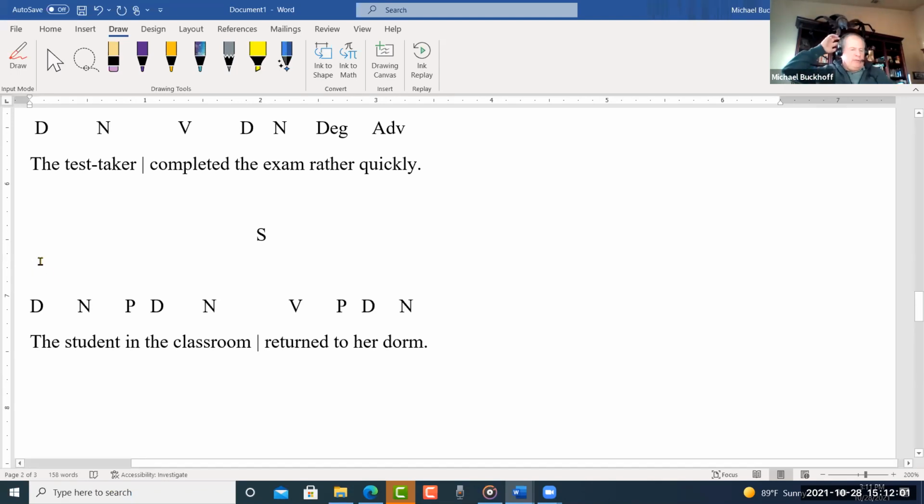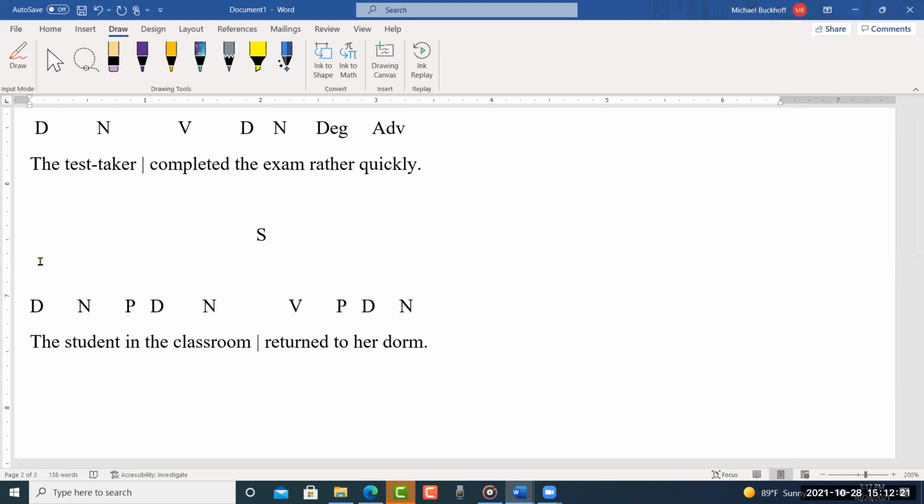Now, good gracious, what do we got here? We've got three noun phrases here. What's the first noun phrase? Somebody tell me. It's three. The student. Good. So we're going to put that one together first. What's the second noun phrase? Classroom. Good.